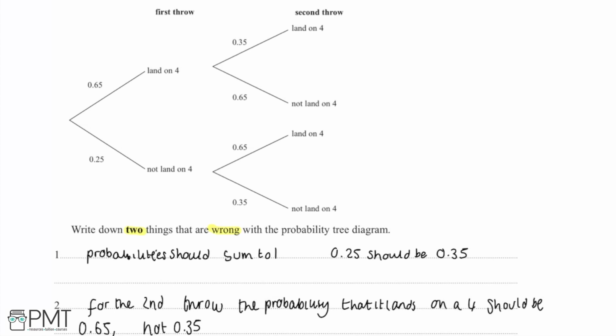So that's basically saying that the 0.35 and 0.65 are reversed. We get a mark for each of these ideas for getting a correct answer for each of the two things that are wrong with the diagram. Each one gives us a mark here.